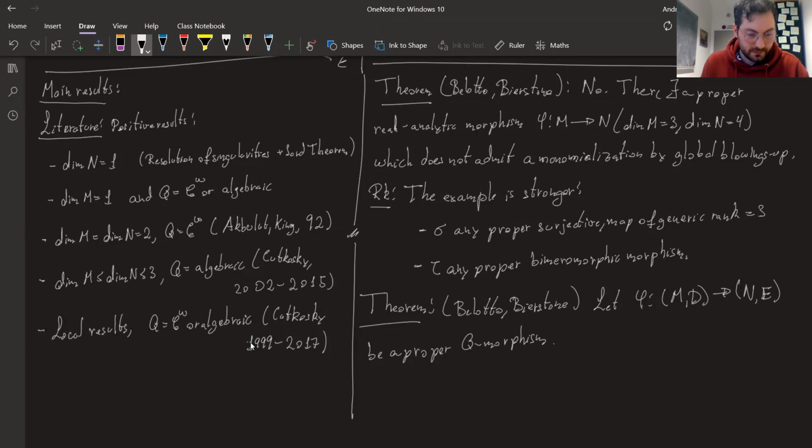I prefer this one. Then there exists a countable number of commutative diagrams.